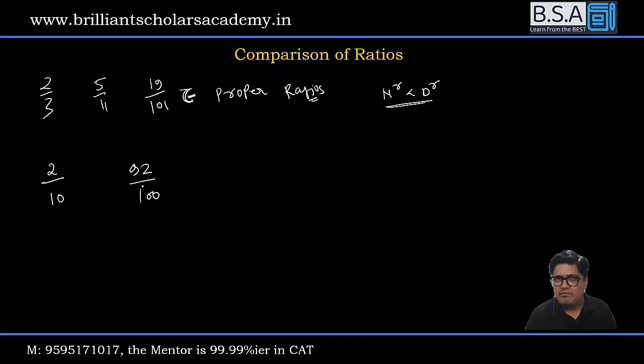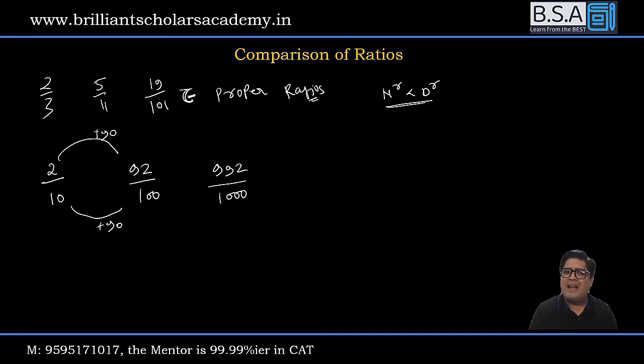I'm adding 900 to both. 992 upon 1000. What did I add? I added 90, then 900. You could add any number you like. It should be same in both places.